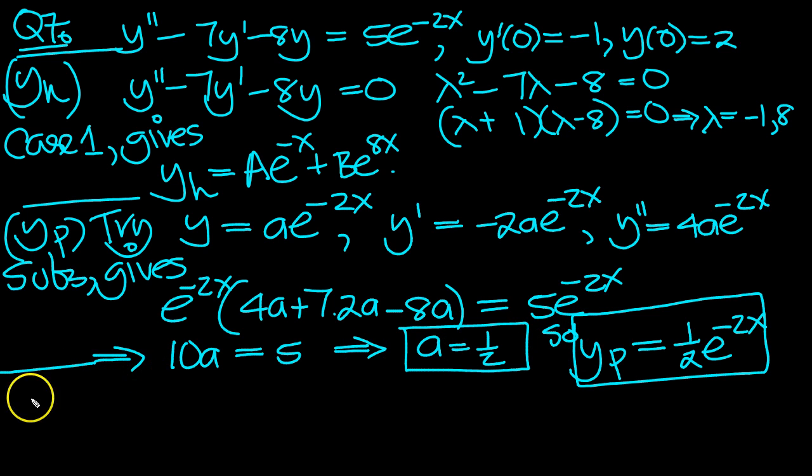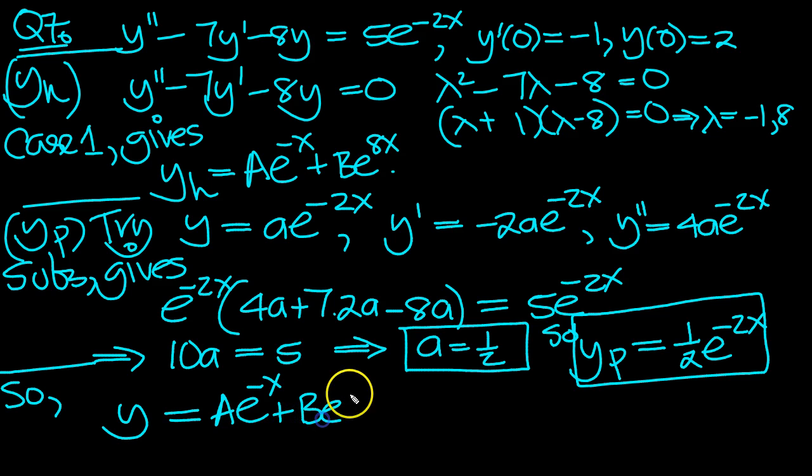Now we can write down the general solution then. So y is equal to yh plus yp. So it's a e to the minus x plus b e to the 8x plus yp, which is a half e to the minus 2x. There's the general solution. We've got our initial conditions here, y0 and y dash 0, 2 and minus 1.